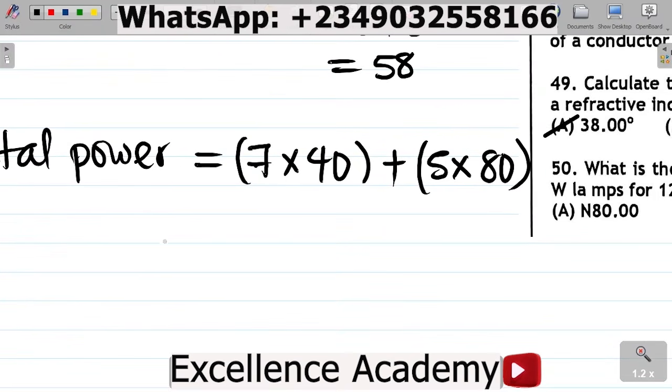Total power will be equal to, I'll just punch this directly: open a bracket, 7 times 40, close the bracket, plus, open a new bracket, 5 times 80. If I do that, my sum gives me 680. This is in watts.